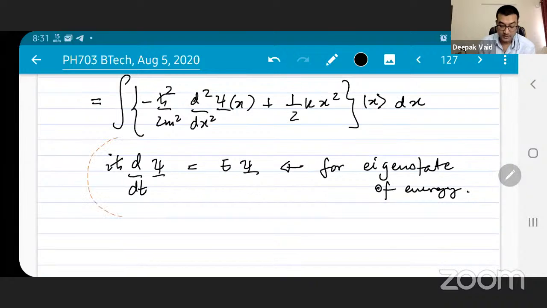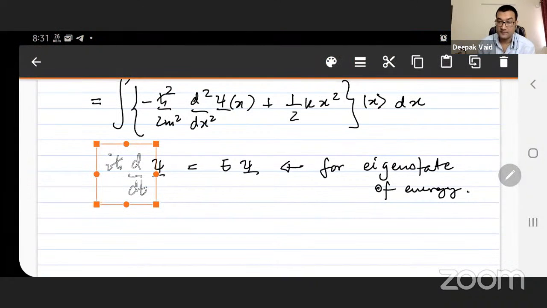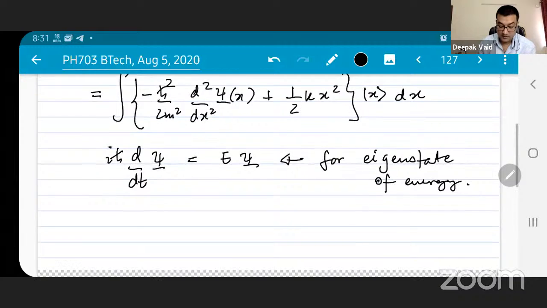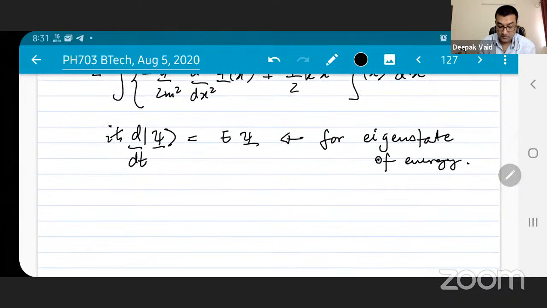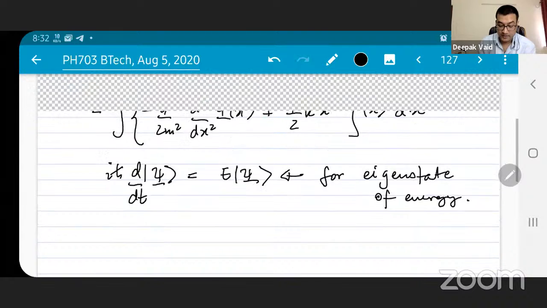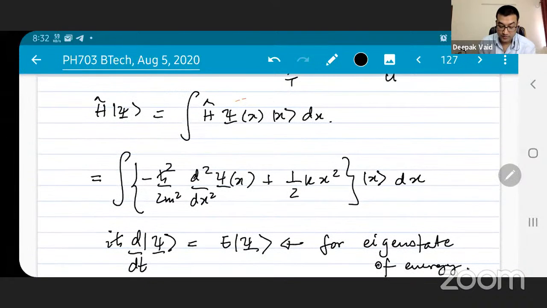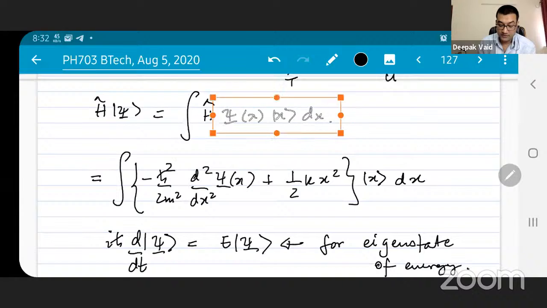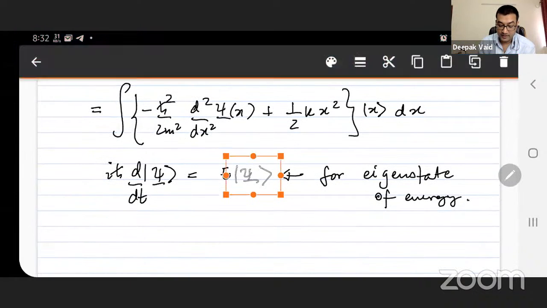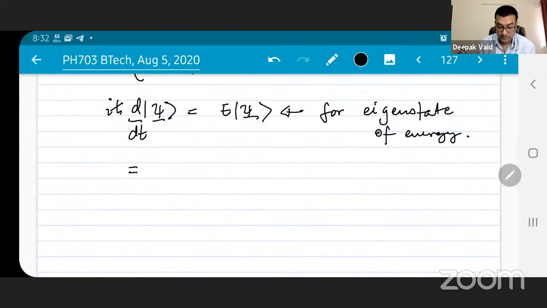What is the energy operator? It's just this guy. So if I again substitute this expansion of psi in this expression, the right hand side will become E times psi of x, ket x dx.